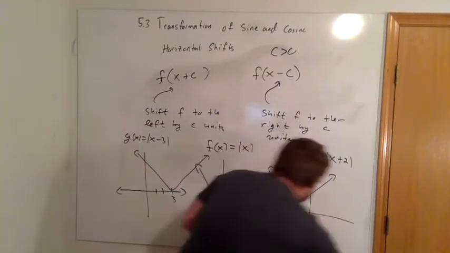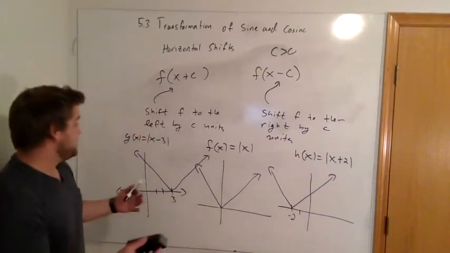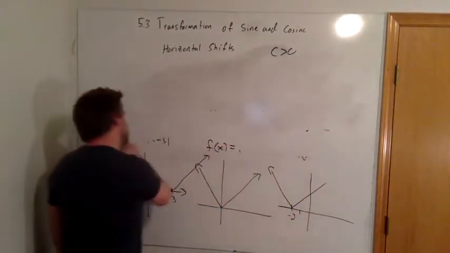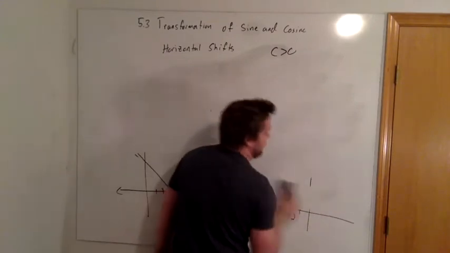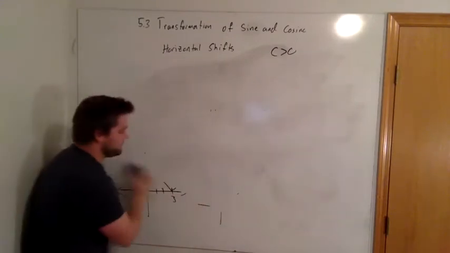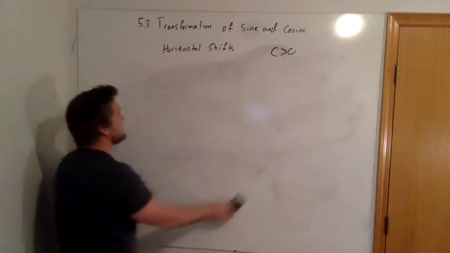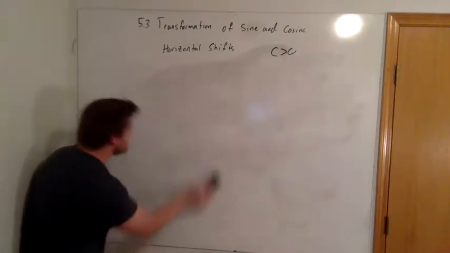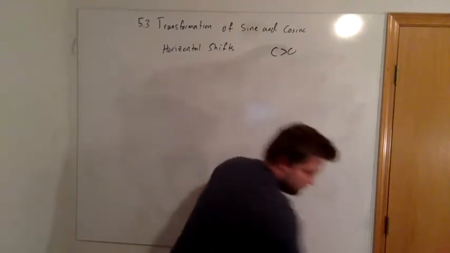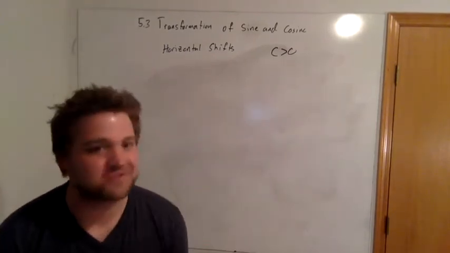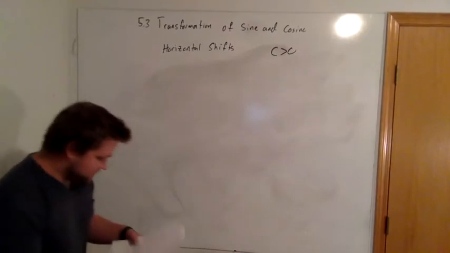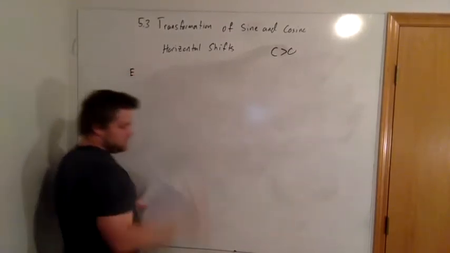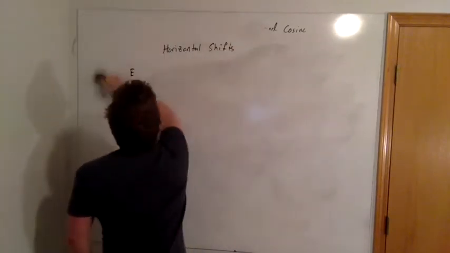Okay, so let's go ahead and do some examples. It turns out that when we're sketching one period of these transformed sine and cosine graphs, the horizontal shifts are a little bit tedious, but this is the best way that I like to graph them.